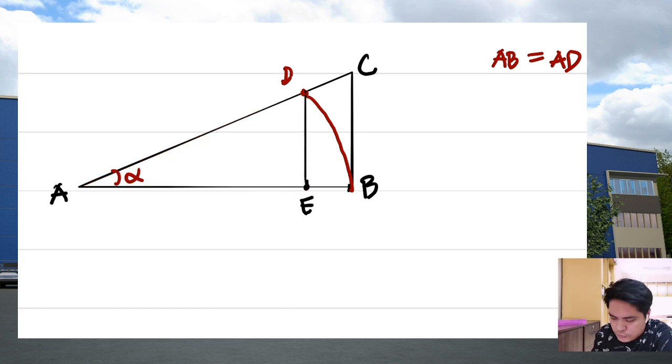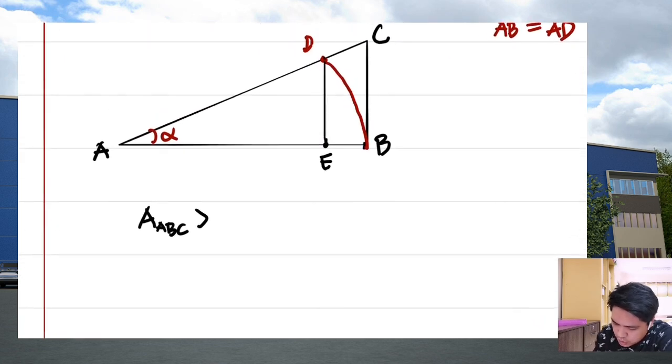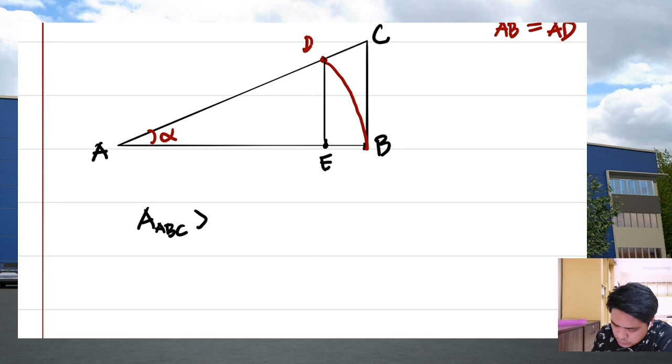Ayan. And from here, we know that the area of the triangle ABC is greater than the area of the sector ABD, which is greater than the area of the smaller triangle AED.